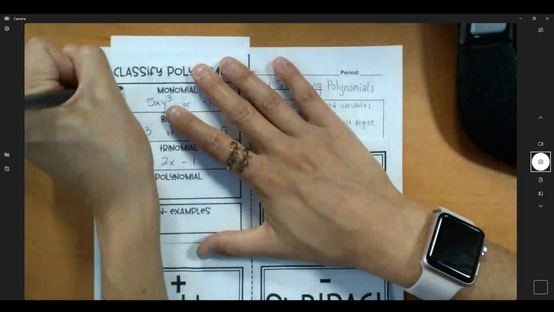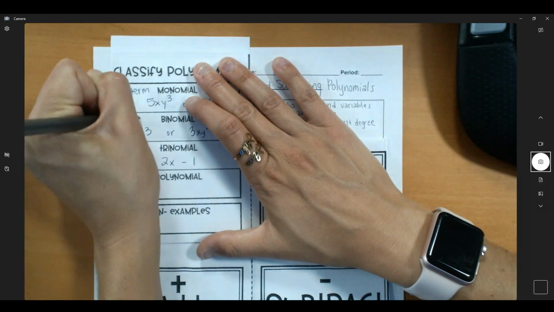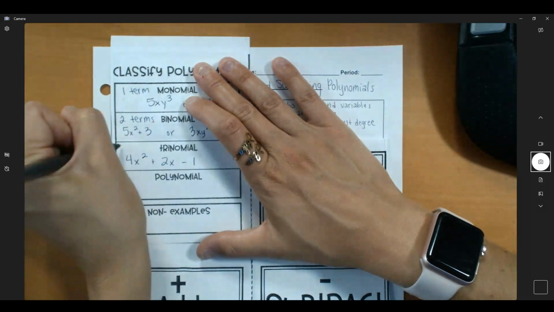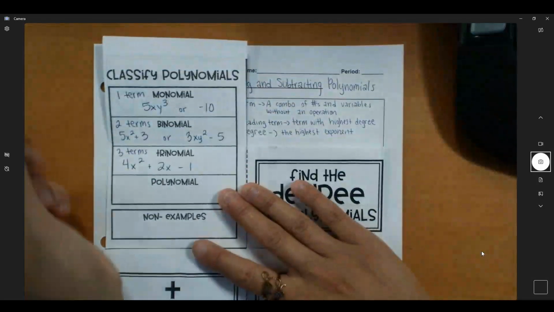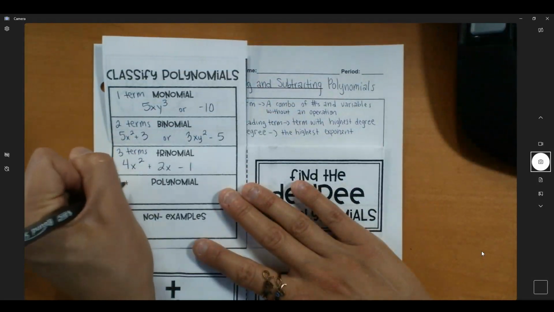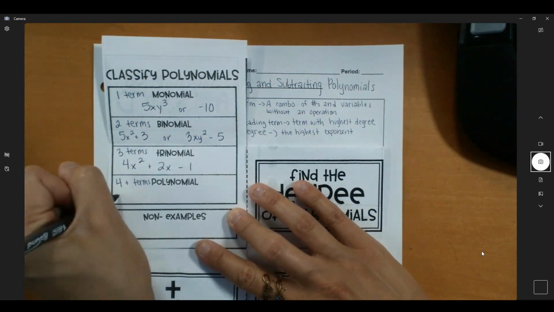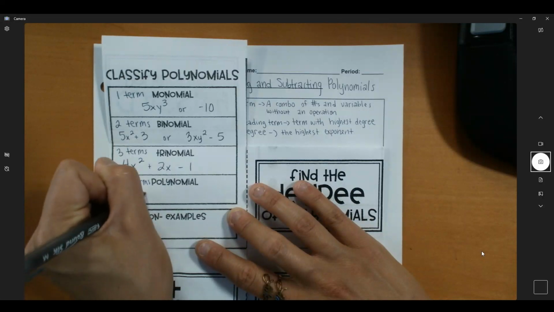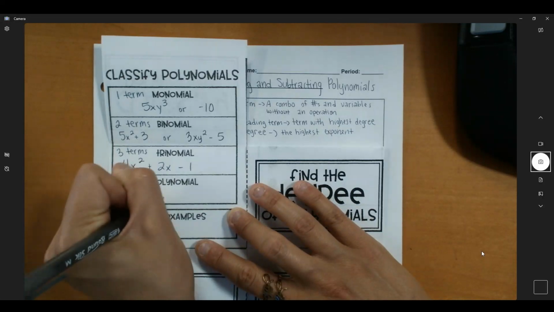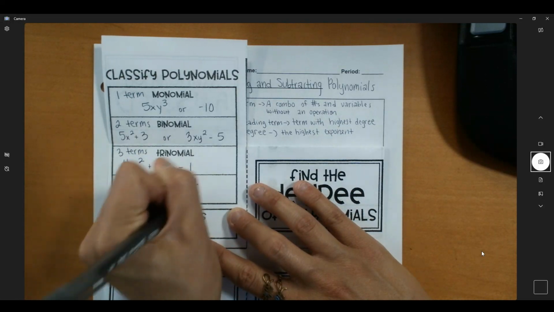So we could write that too. One term, two terms. That's the main difference. Three terms. And then 4 plus terms is a polynomial. So 3x to the fourth power plus 2x cubed minus 3x squared plus 5.